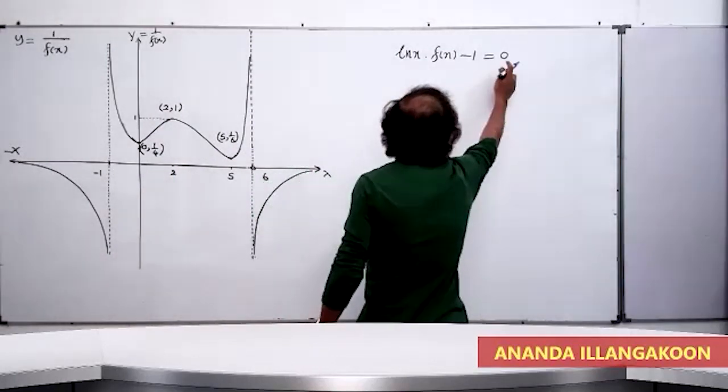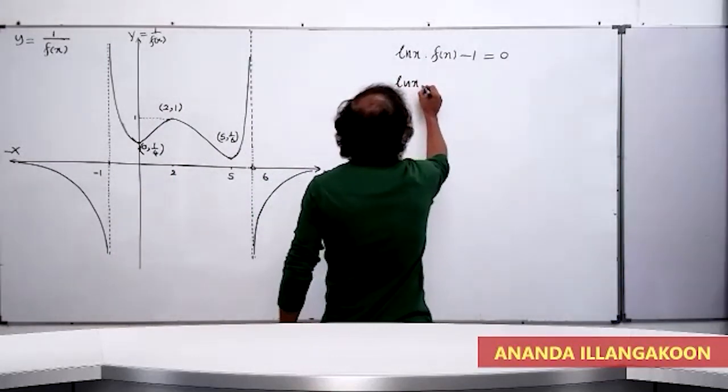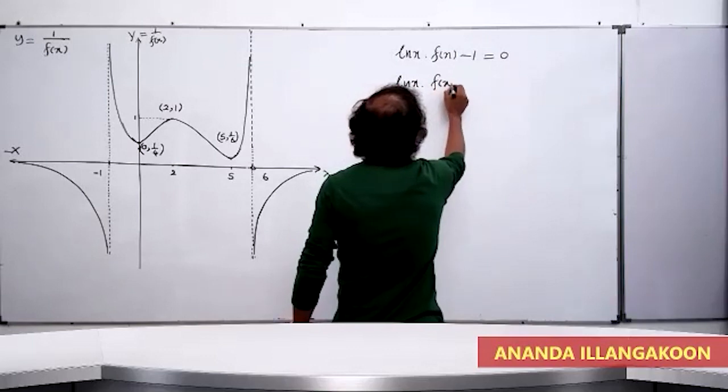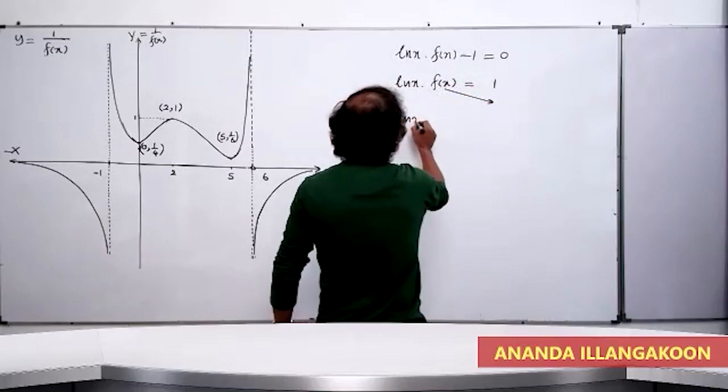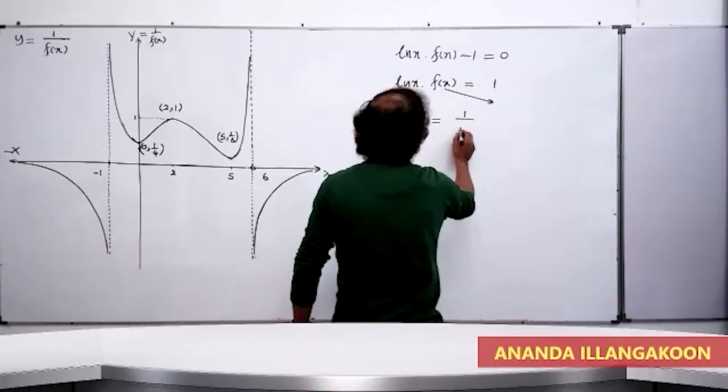Okay, so once you bring this right hand side, ln x f(x) equals 1. Bring this here. ln x equals 1 upon f(x).